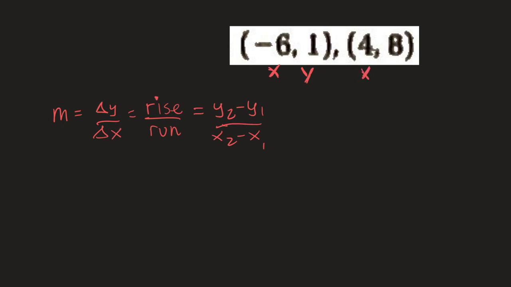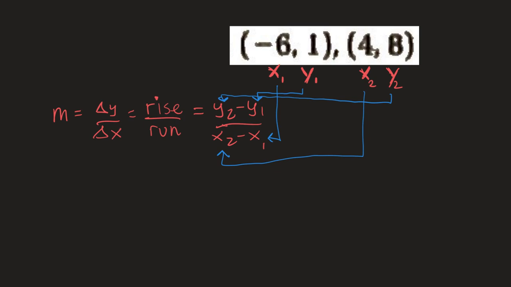Since the first one is the first point, we'll call that x sub 1 and y sub 1, and the other one is the second point, x sub 2, y sub 2. Now hopefully you can see that y sub 2 goes right here and y sub 1 is here. X sub 2 goes right there and x sub 1 is right there.